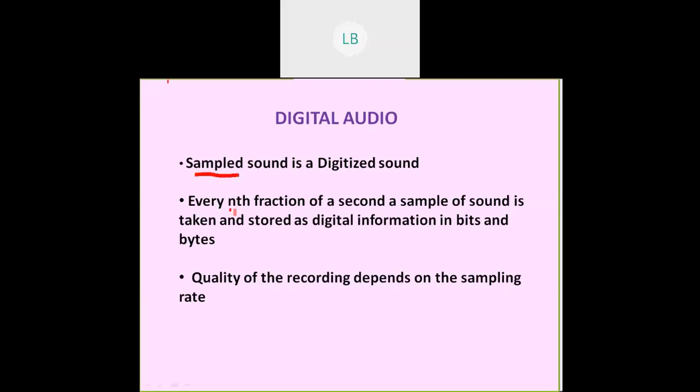Every nth fraction of a second, a sample of sound is taken and stored as digital information in bits and bytes. This is nothing but the sampling rate. The quality of recording depends on the sampling rate. The higher the sample rate, the smoother the digital representation of the sound.